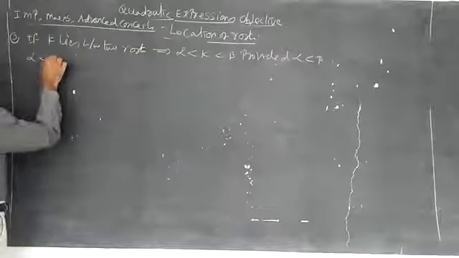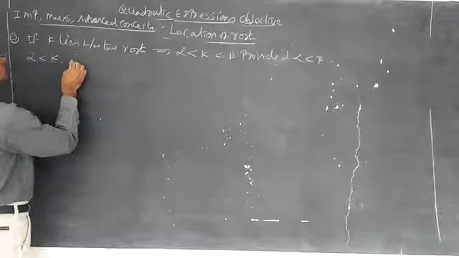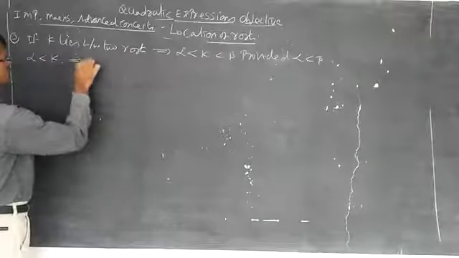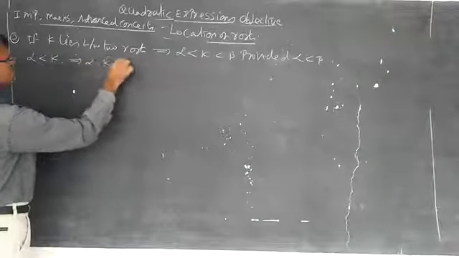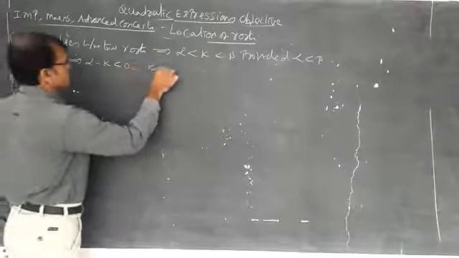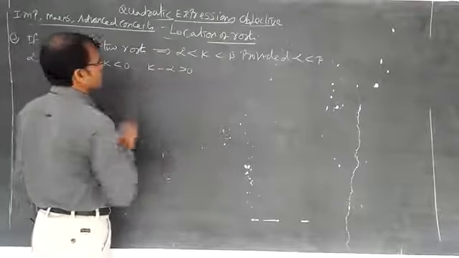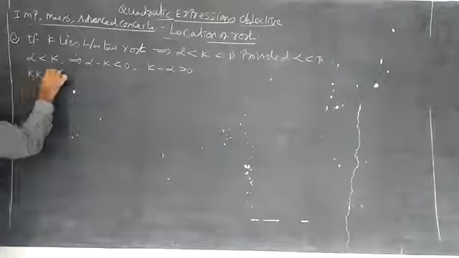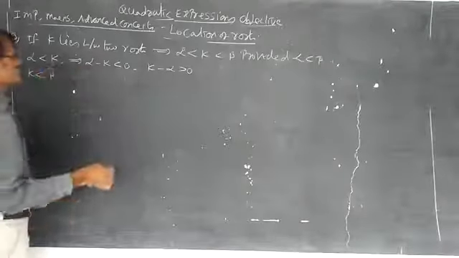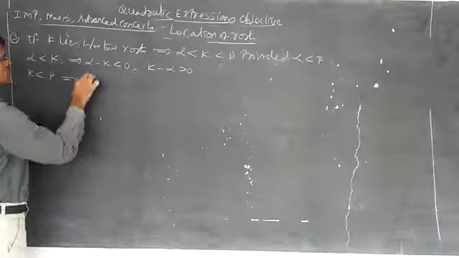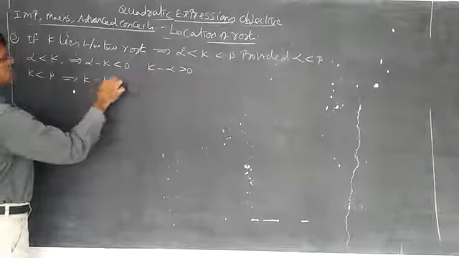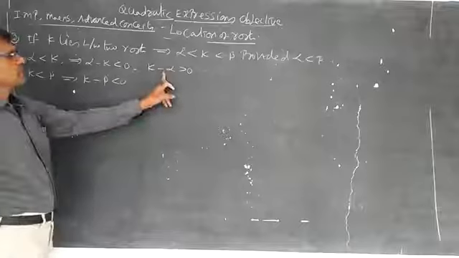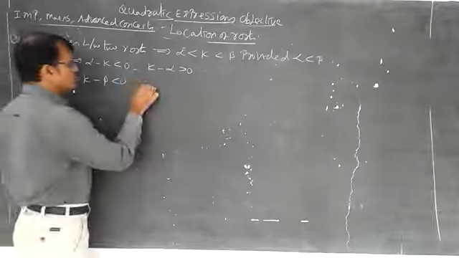Now you write alpha less than k. That implies alpha minus k less than 0, then k minus alpha greater than 0. Now k less than beta; depending upon this, k minus beta less than 0. Here we got k minus alpha greater than 0 and k minus beta less than 0.